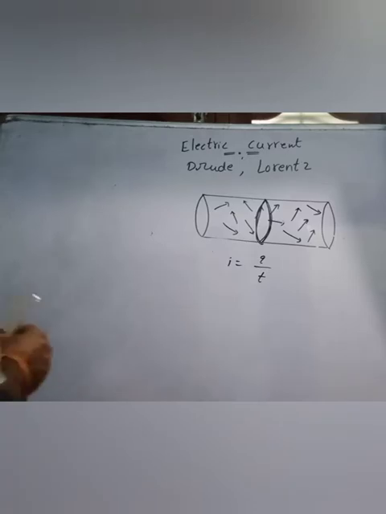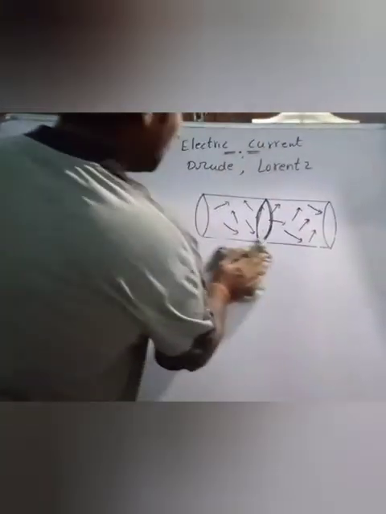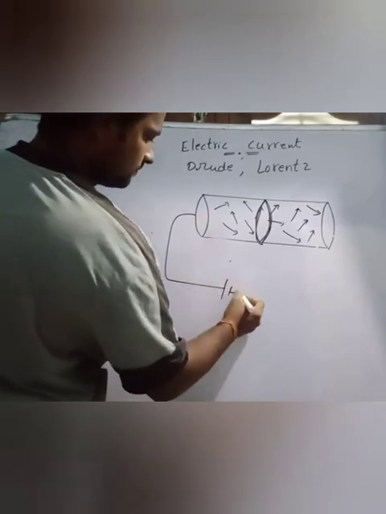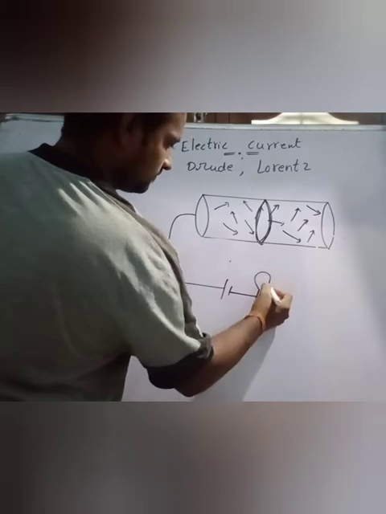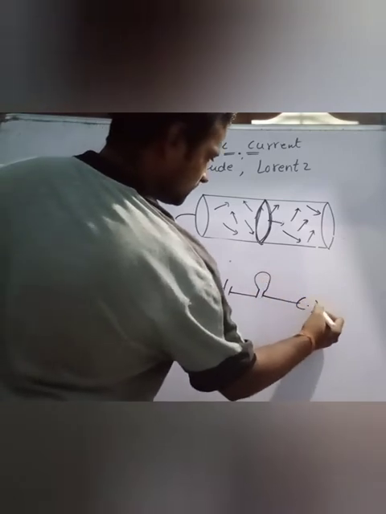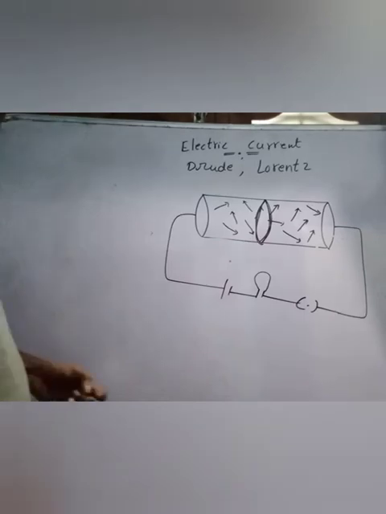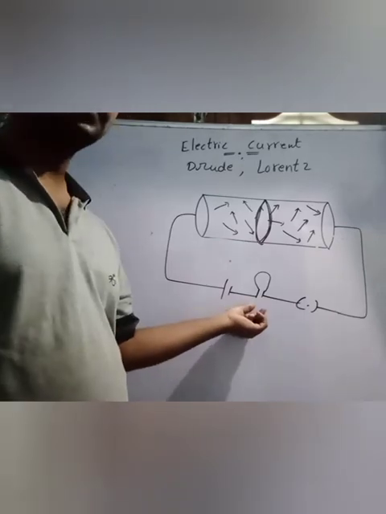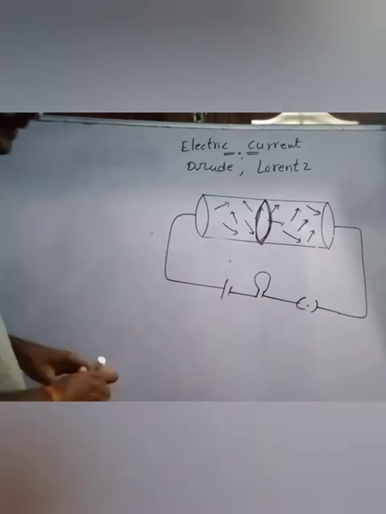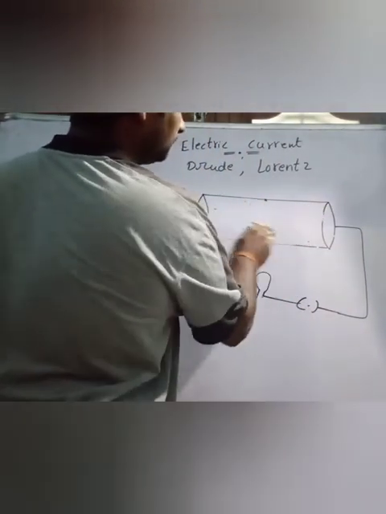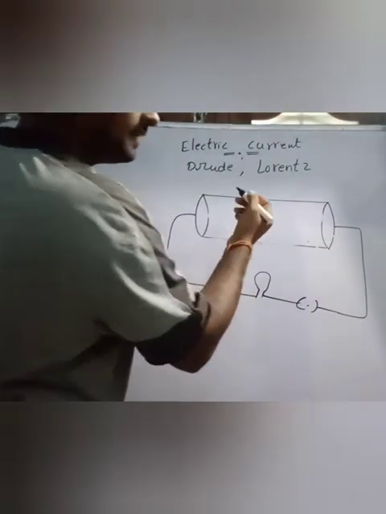Okay students, now the conductor is connected to a battery and bulb. Then what happens? Now the arrangement of electrons is in the same order.